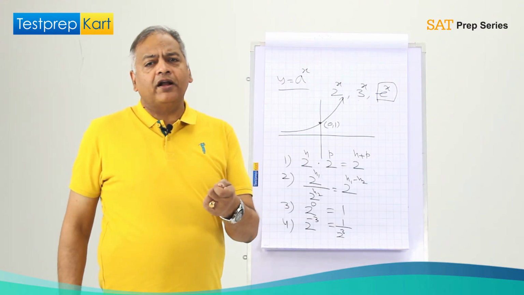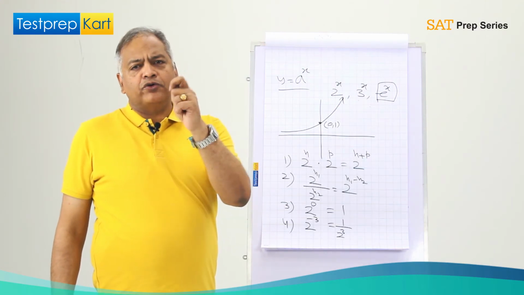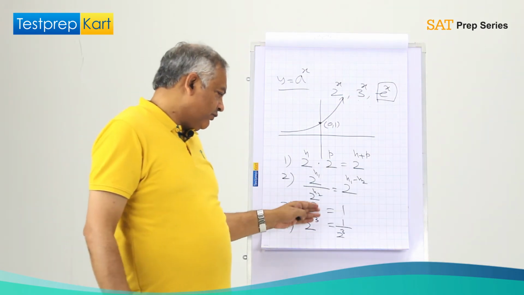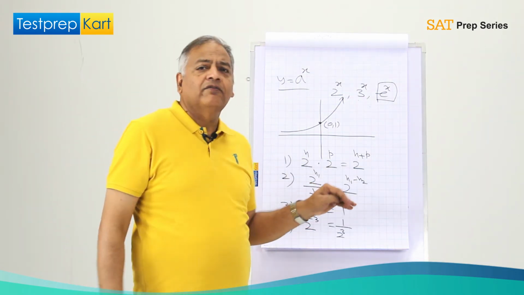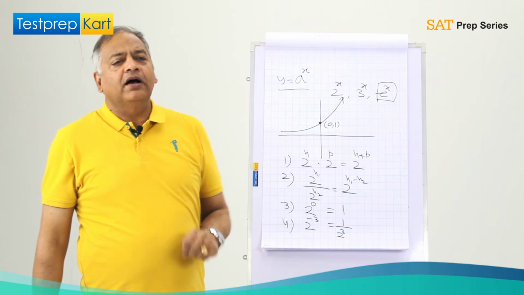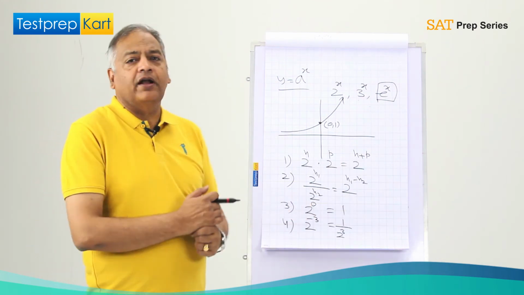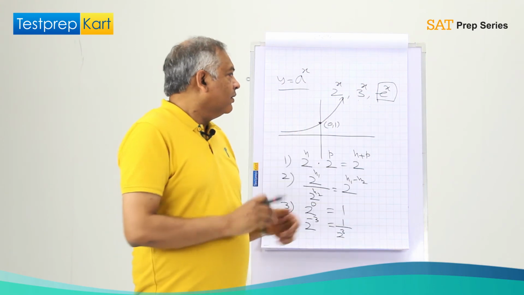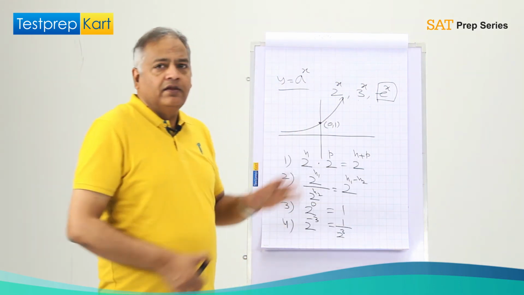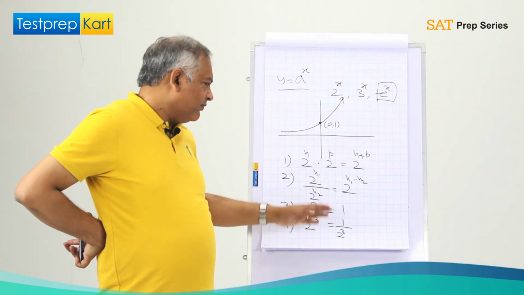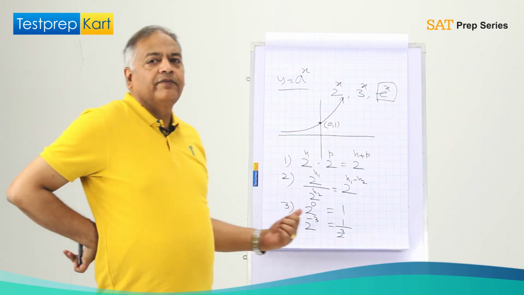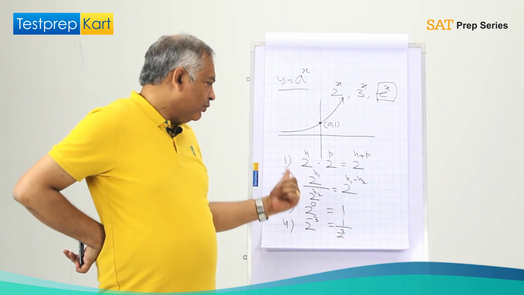So, in the denominator, if you have some number to the power negative, then it will go in the numerator, and then if you have a number in the numerator with a negative power, it will become a positive in the denominator. So, that's how these exponential functions are defined. First of all, the important thing is the graph, and then some of the properties of these functions, especially the product rule and the quotient.